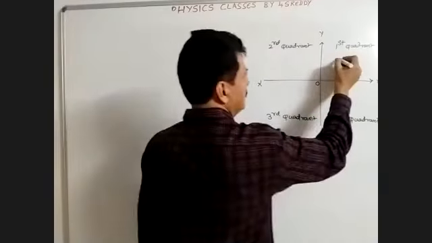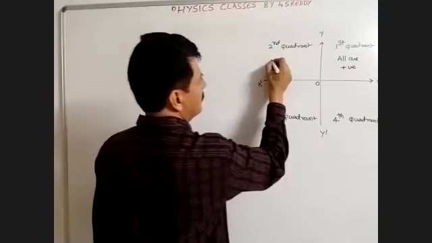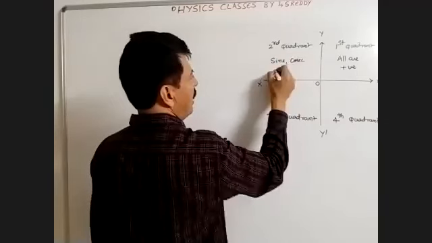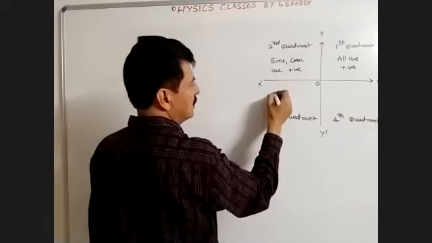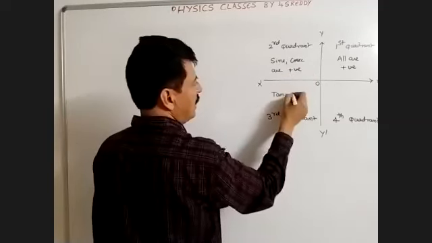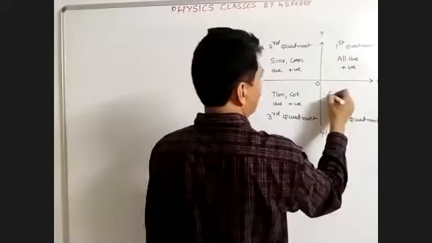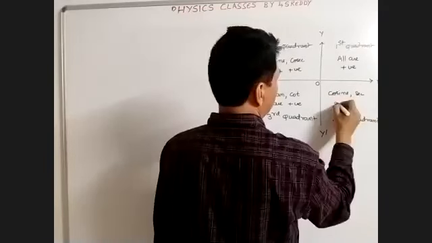And in this quadrant, all are positive. Here, sine and cosecant are positive. Here, tan and cot are positive. Here, cos and secant are positive.